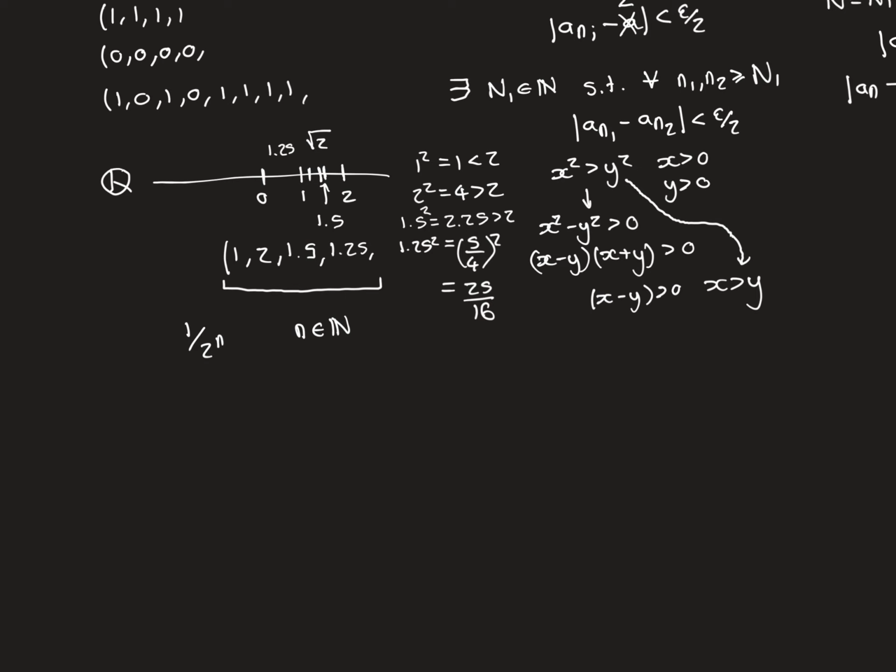All the intervals are nested inside one another. So all the intervals onwards that the sequence is based on were inside previous ones. So because the intervals are getting indefinitely small, the terms of the sequence must also be getting indefinitely close to one another. So that's why this sequence is going to be a Cauchy sequence within the rational numbers.